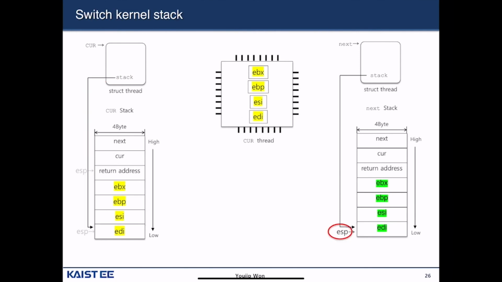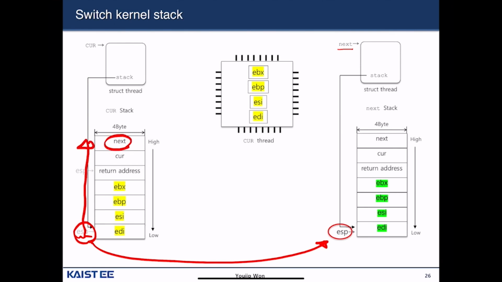The next step is to switch the stack pointer to point to the stack top of the next thread structure. Switching the stack top pointer from the stack top of the current thread to the stack top of the next thread consists of two steps basically. First, it has to identify the location of the thread structure of the next thread. To do that, from this point it goes up 24 bytes and identifies the location of the next thread structure.